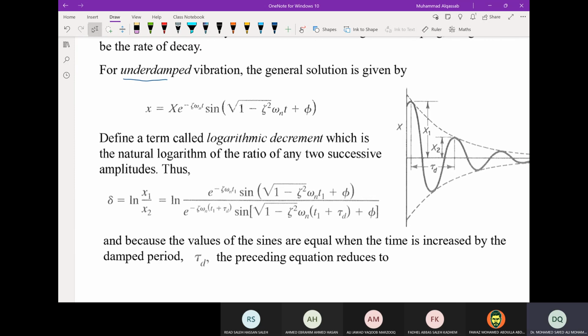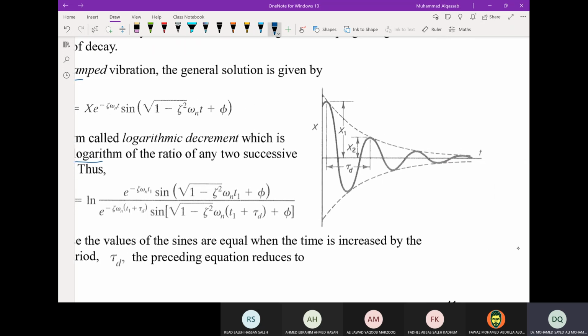As you know, for underdamped, x can be written as X e to the power minus zeta omega n t sine of square root of 1 minus zeta square omega n t plus psi. The logarithmic decrement is defined as the natural logarithm of the ratio of any two successive amplitudes.